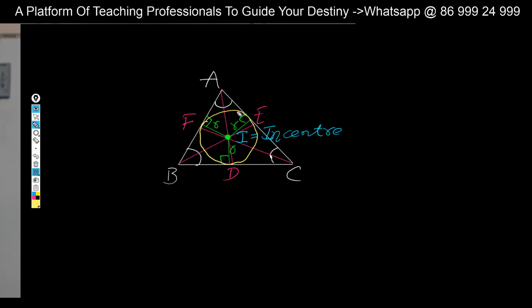This is called the incircle because it is the incircle. The center is said to be the incenter. Remember that. The center is said to be the incenter. So this is the incircle.